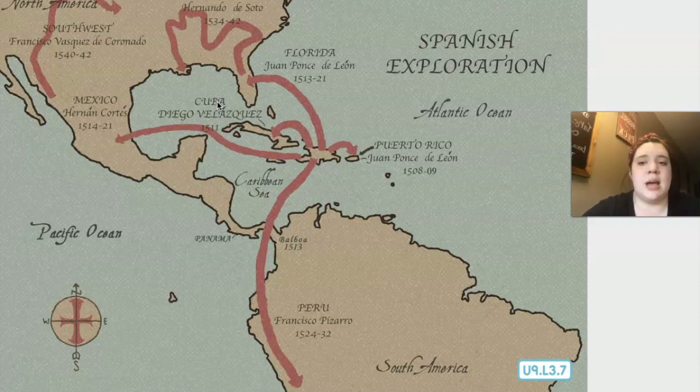At about the same time, Francisco Vázquez de Coronado led his army of Spaniards north from Mexico into what is now the southwestern United States, so up here, hoping to find cities of gold he had heard about. So again, we've got Hernando de Soto, he's going to the Florida area, and then Francisco Vázquez de Coronado, he's going in the southwest.